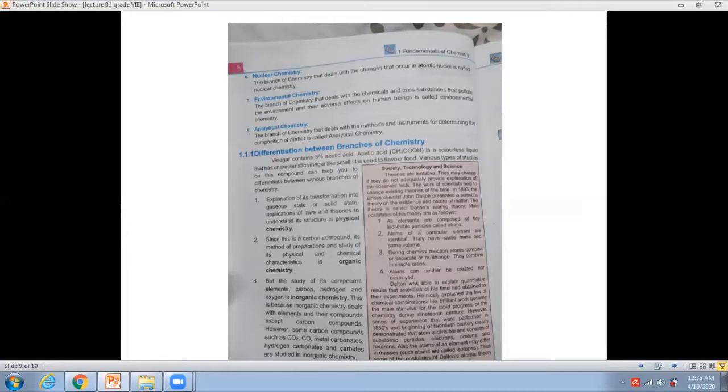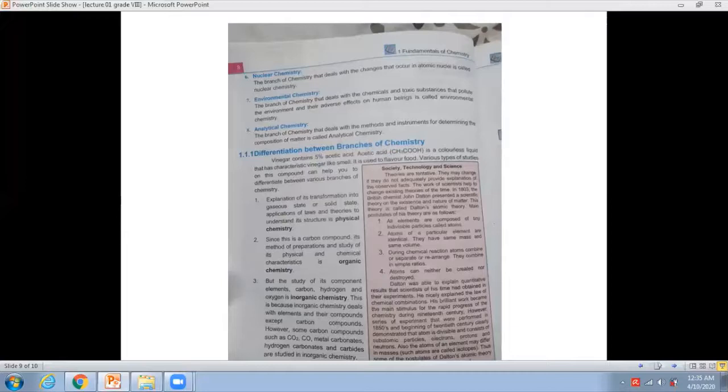The seventh branch of chemistry is environmental chemistry. This branch deals with the chemicals and toxic substances, and where they come from: from burning of fuel in automobile engines, from industries, from factories, from burning of coal.